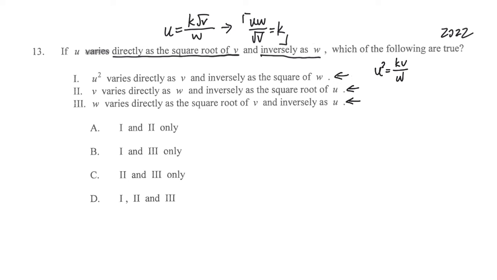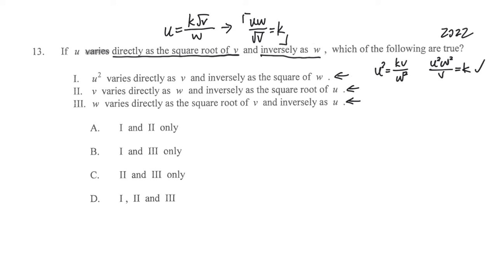So you do the same. You multiply the w squared over and divide it by the v, and that equals k. This is actually the option where we magnify the whole thing. Can you see that? Everything is magnified, so it's still a constant. So in that case, number one is true.